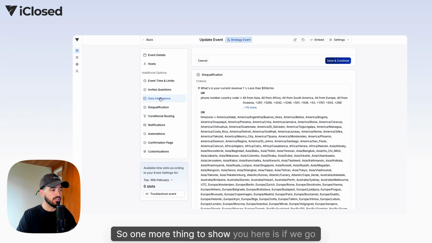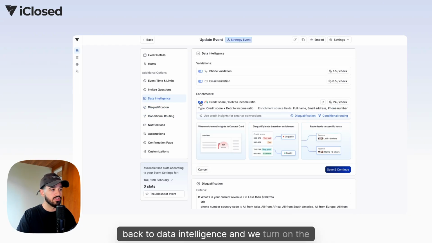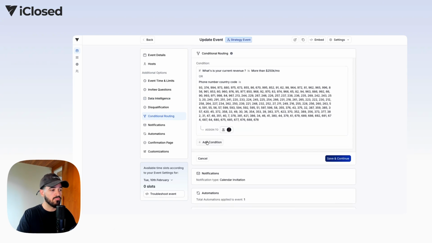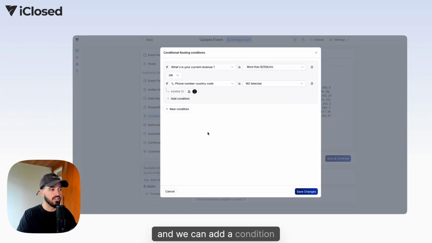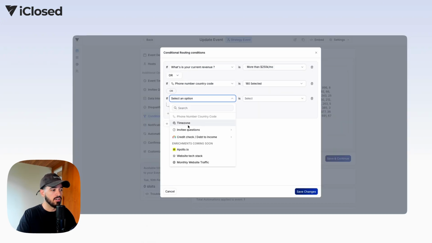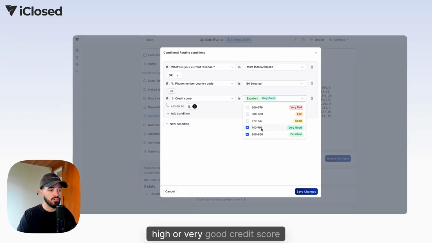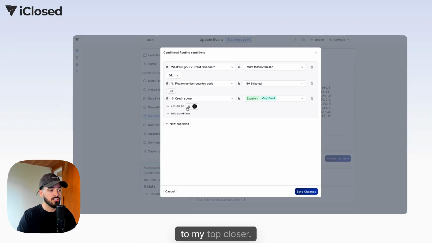So one more thing to show you here is if we go back to data intelligence and we turn on the credit score feature again and hit save and continue, we can go back to the conditional routing and we can add a condition based on the credit score. So let's say I want to route anybody with a high or very good credit score to my top closer.